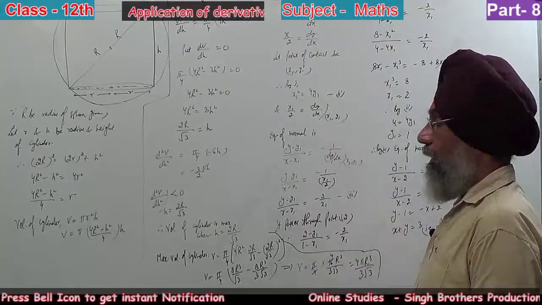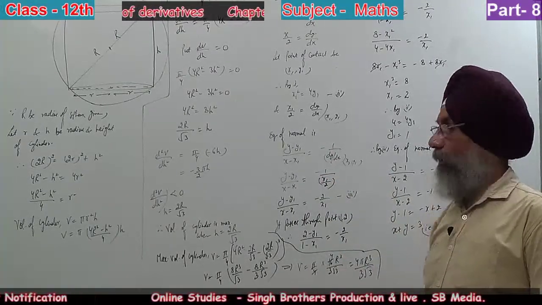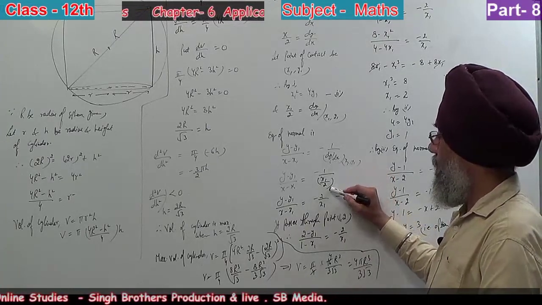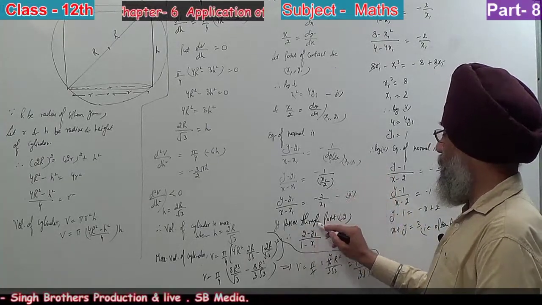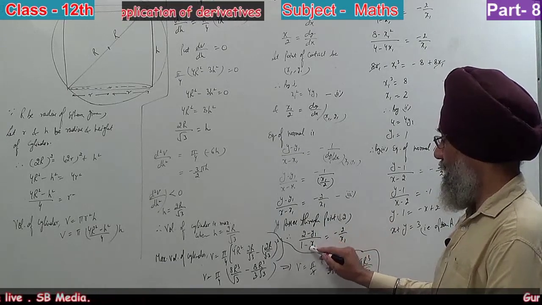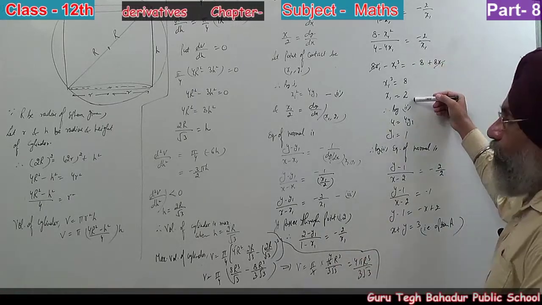Now, equation of normal is (y minus y1) upon (x minus x1) is equal to minus 1 upon dy by dx at (x1, y1). dy by dx is x1 upon 2, then it passes through point (1, 2), placing the value of x as 1 and y as 2 here, (2 minus y1) upon (1 minus x1) is minus 2 upon x1. We solve it, we get the value of x1 as 2.